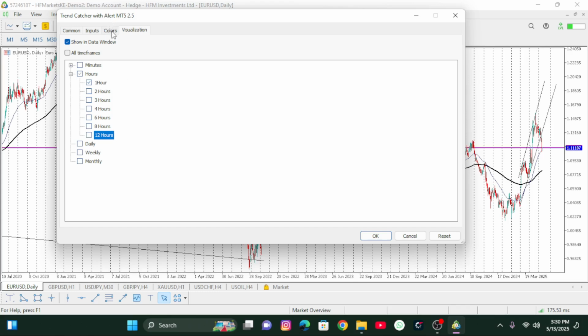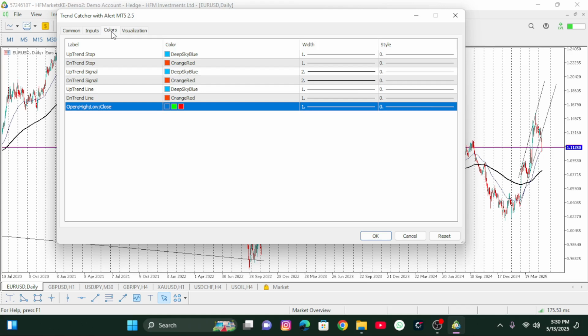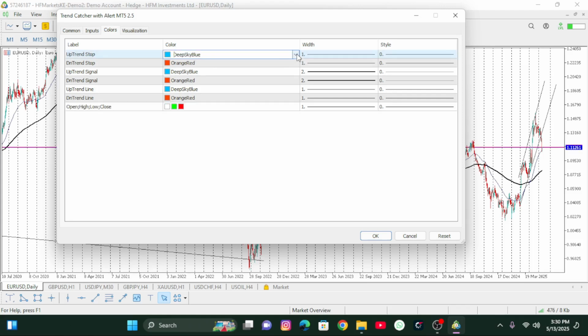Then I'll come here to the colors. So my uptrend stop, I'll give it everything related to an uptrend. I'll give it one color. Alright, I hope you have understood. If it's an uptrend, I'll give it one single color. So for my uptrend signals, I'll give it black. No, let's say I'll give it blue, a dark blue. So everything that has my uptrend stop, uptrend signal, blue.